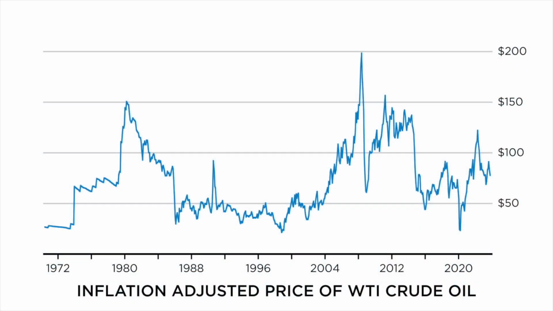It is interesting to note that adjusted for inflation, the price of oil is relatively stable. Over the past 50 years, it has fluctuated mainly between $40 and $140 a barrel.